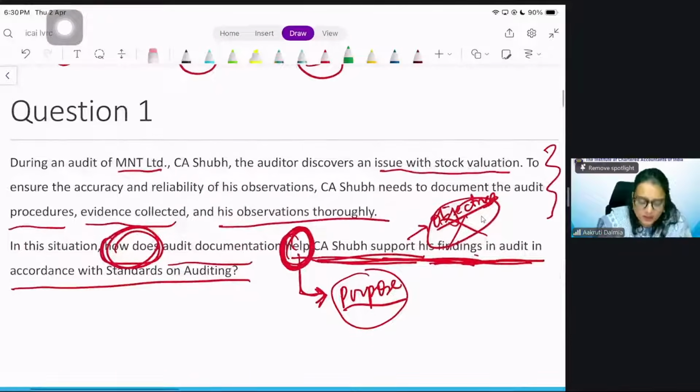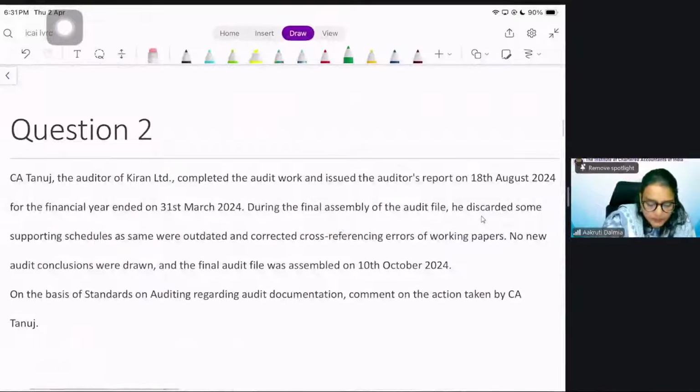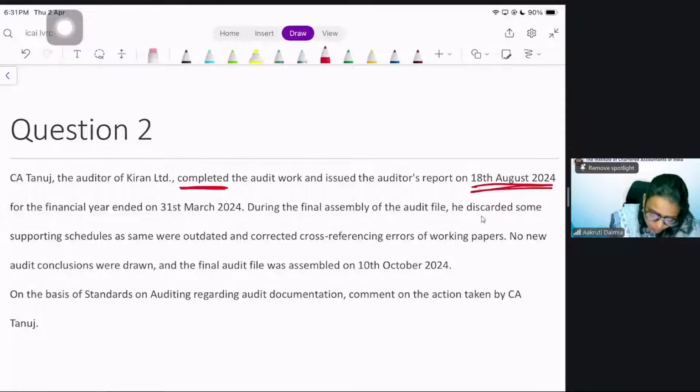So question number 1 is done. We'll move on to the next one. Question number 2 पे आते हैं everyone. Let's see what's there. CA Tanuj, the auditor of Kiran Limited, completed the audit work. Okay, it's completed. And issued the auditor's report on 18th August 2024 for the financial year ended 31st March 2024.